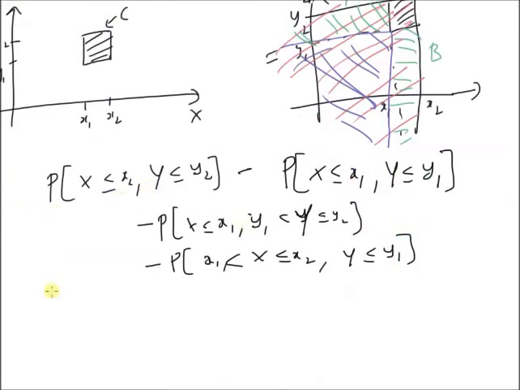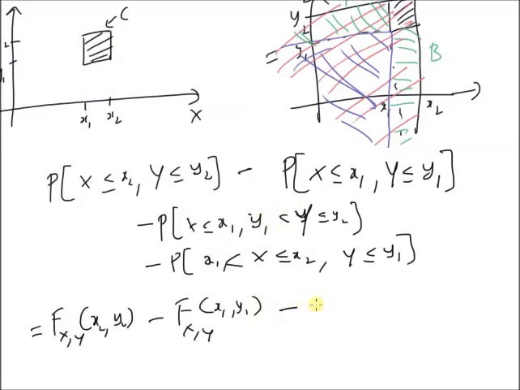That is, first this probability is equal to F_X,Y of x2, y2. And this one is equal to F_X,Y of x1, y1. And this is equal to minus F_X,Y of x1, y2 plus F_X,Y of x1, y1.